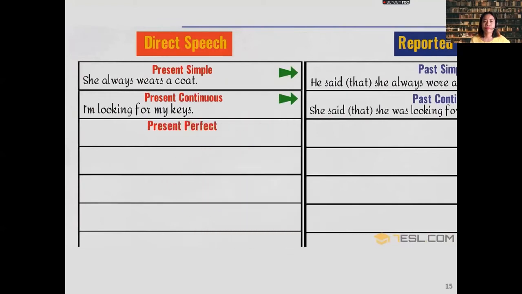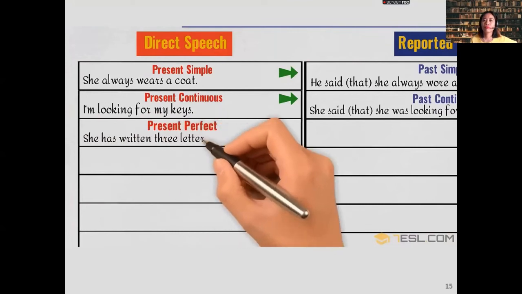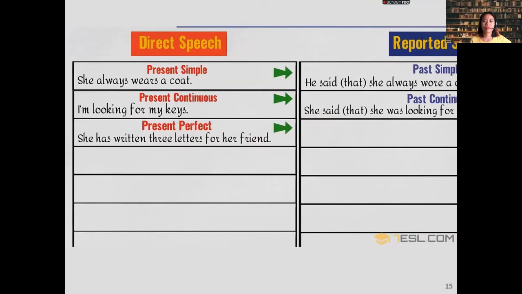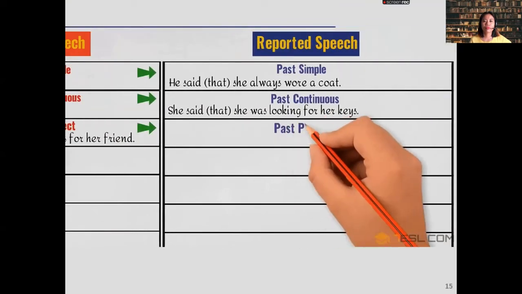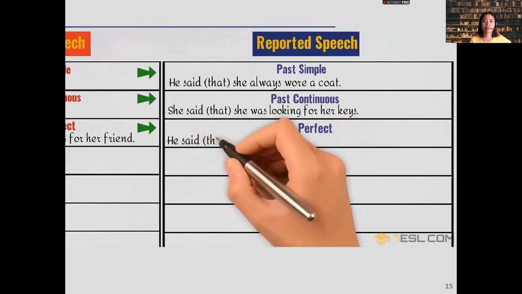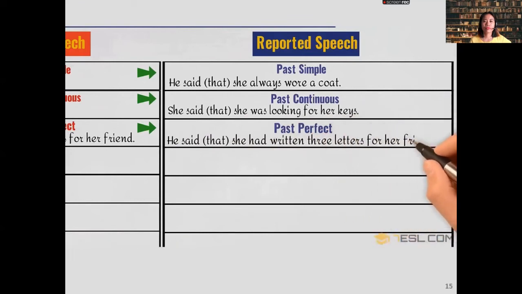Present perfect. She has written 3 letters for her friend. Past perfect. He said that she had written 3 letters for her friend.